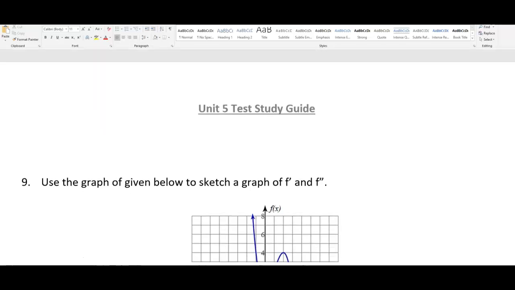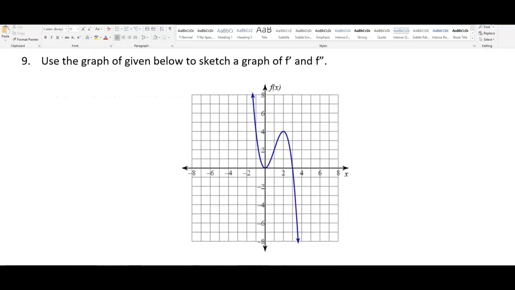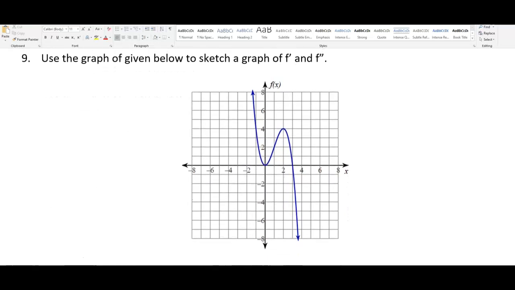All right, let's keep looking here. Use the graph below to sketch a graph of f prime and f double prime. All right. So for this function, it has a negative slope from negative infinity up to 0, and also from 2 to infinity.